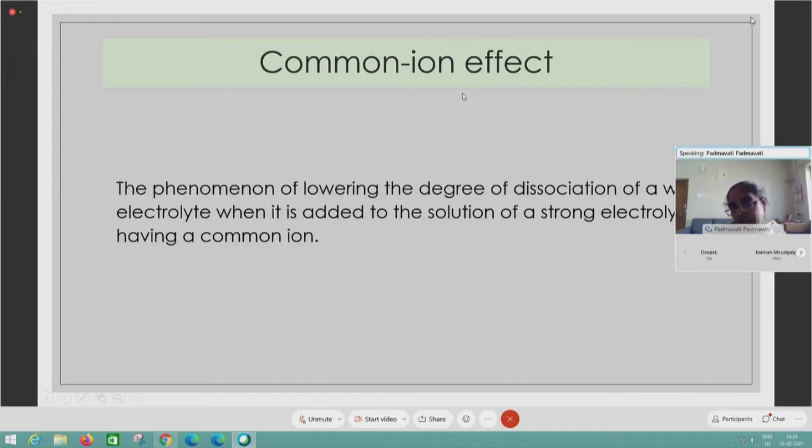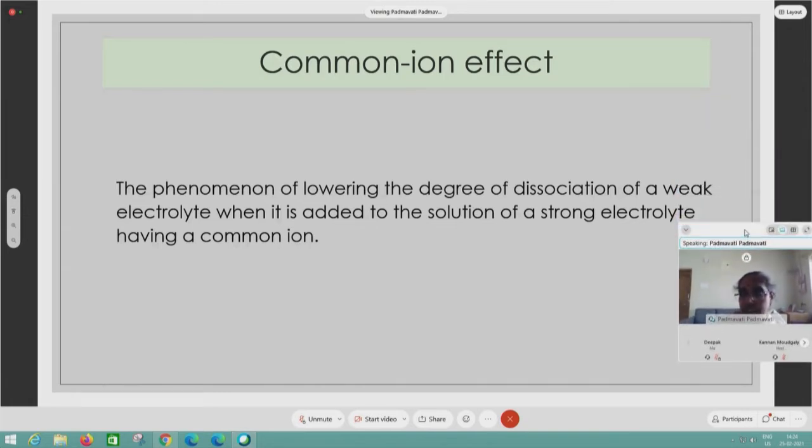So the common ion effect is nothing but an ion being common between two electrolytes, and because of the extra ion that is generated, the degree of dissociation of one component decreases, and as a result precipitation would take place.